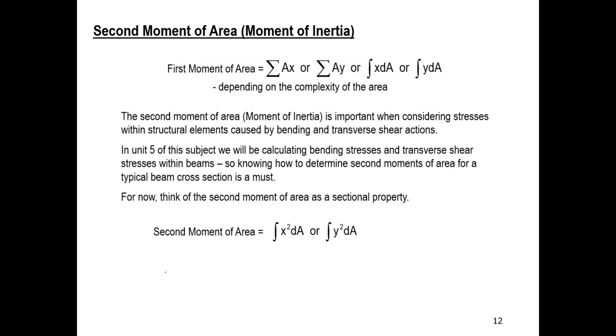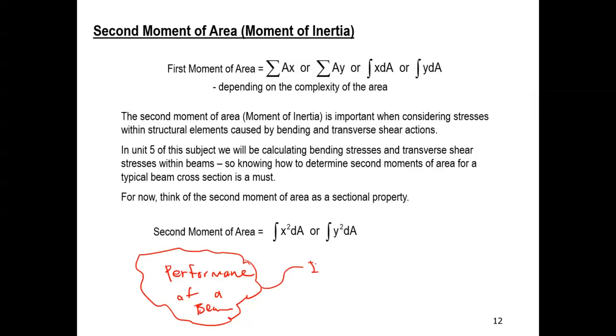The performance of a beam, how the performance is affected, is controlled by several things. The first one is internal forces. So we know how to find out the internal forces. The second parameter is geometrical parameters.